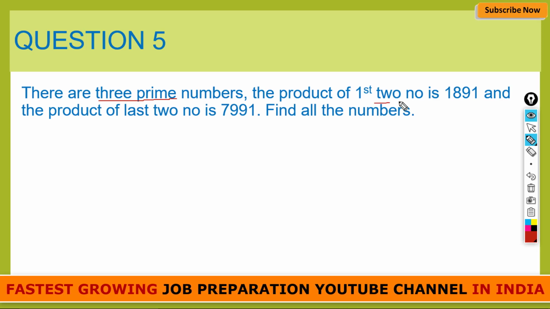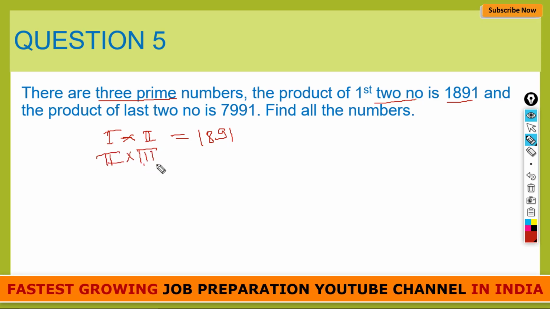And the first 2 numbers' product is this. So let's say the first number and the second number multiply and give you 1891, and the last 2 numbers, which are the 2nd and 3rd, will give you 7991.